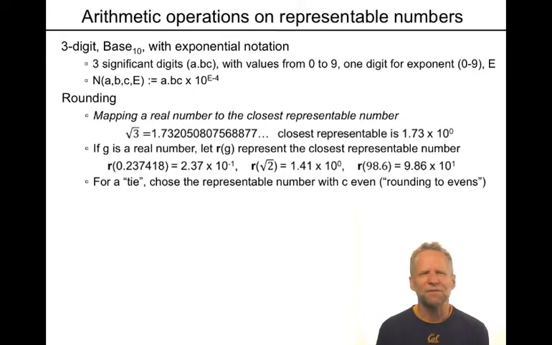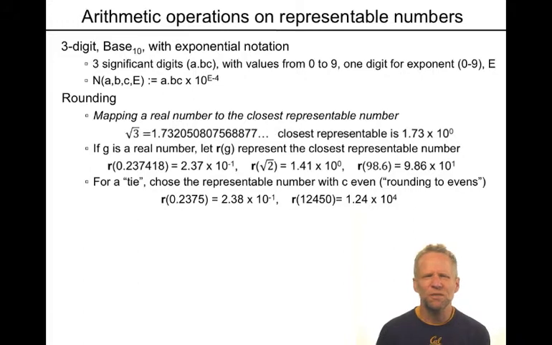Now there is the case of a tie. In that case, what you do is you choose the representable number with C, remember, C was the last digit in our 3-digit model, and you make C even. That's called rounding to evens. So for instance, in the first example, I have 0.2375. Now, should I round the 7 up to 8 or down to 7? Should I round the 5?